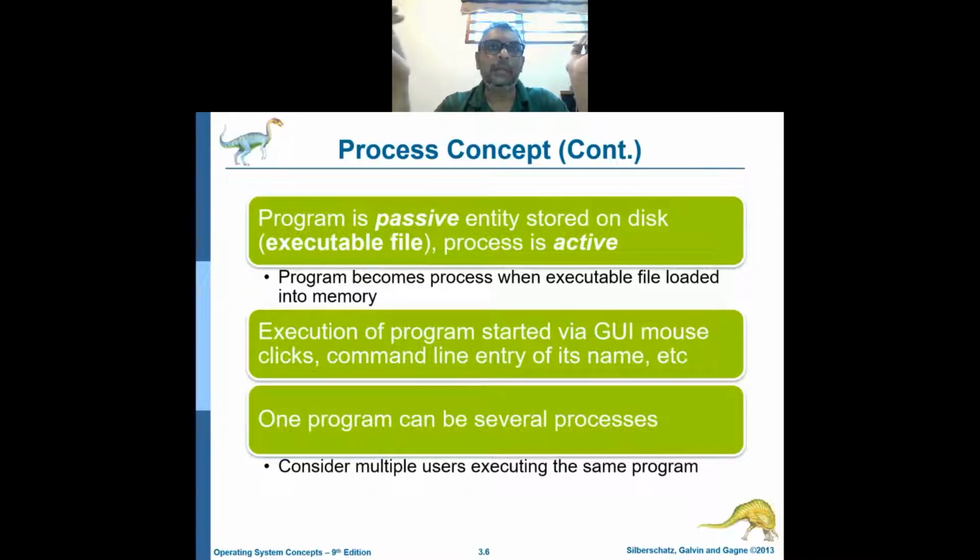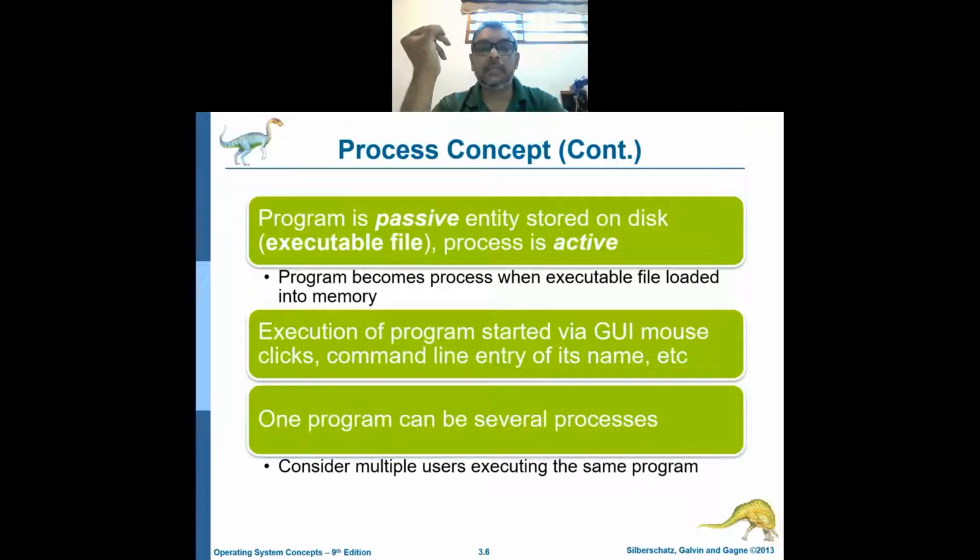When you double click on it, does that mean 1 megabyte of the files is transferred into the memory? No. The operating system only transfers the necessary files that it needs to open up the program. So maybe only about 300 to 400 kilobytes of the file is transferred inside the memory.